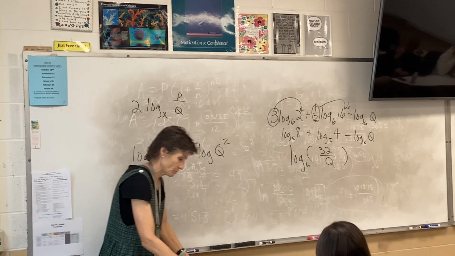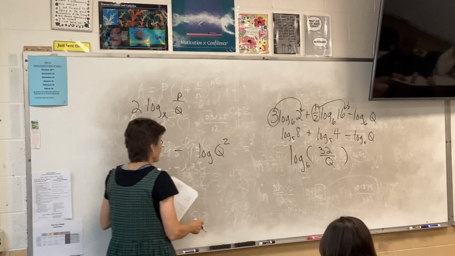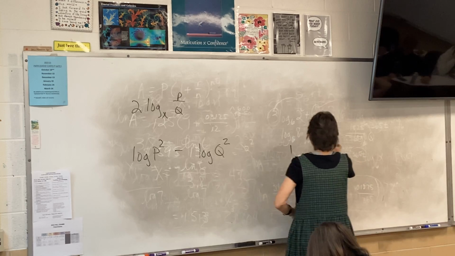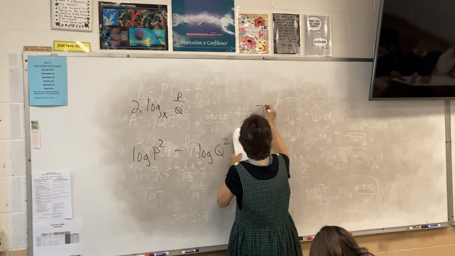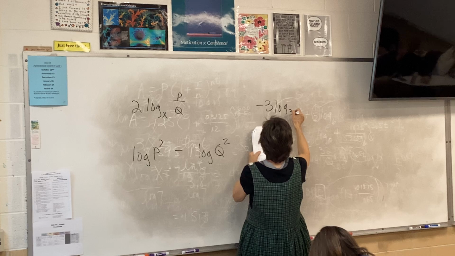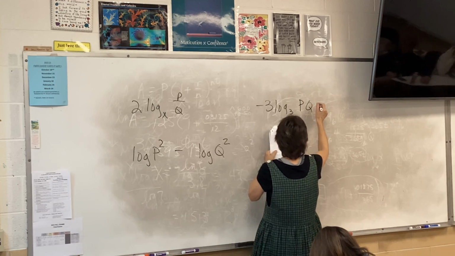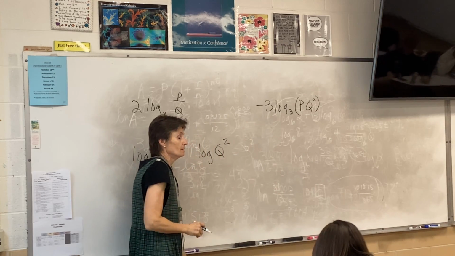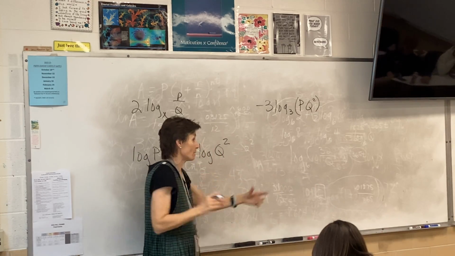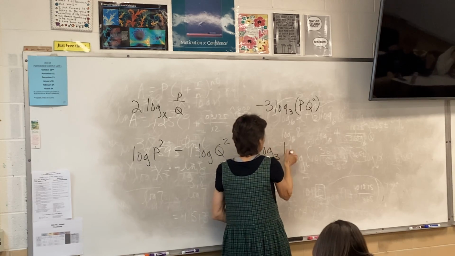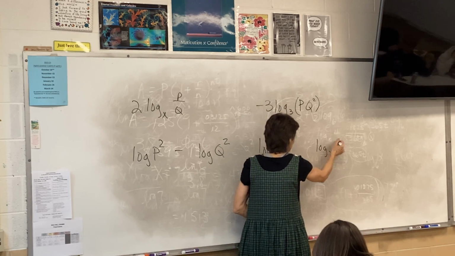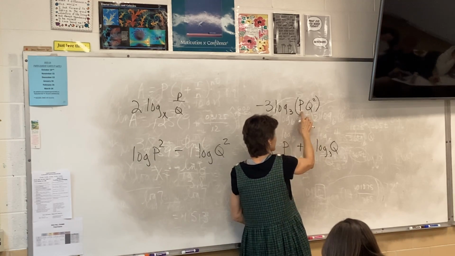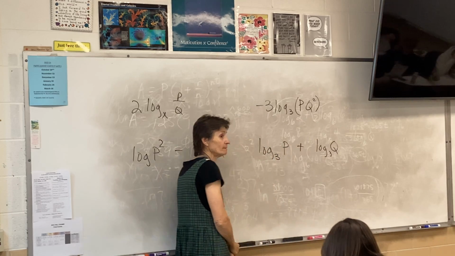Okay, some of you butchered these. You seem to be getting it now, I hope. Let's do 2b. Now this is supposed to be pulled apart, so I'm gonna end up with a log of p and a log of q. It's gonna be an addition because these are multiplied.